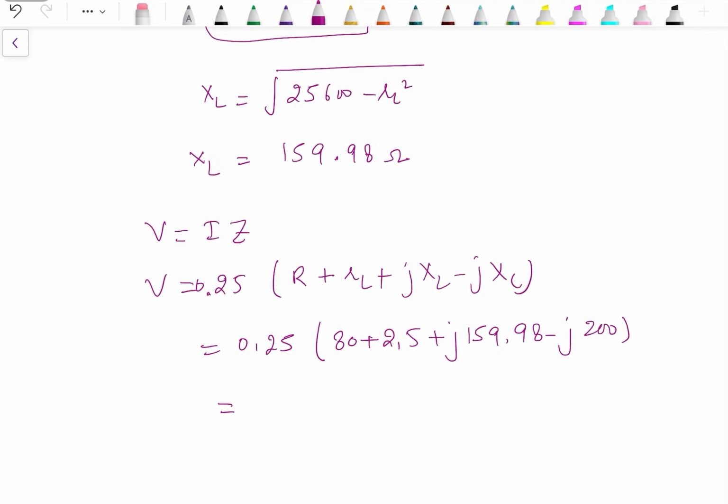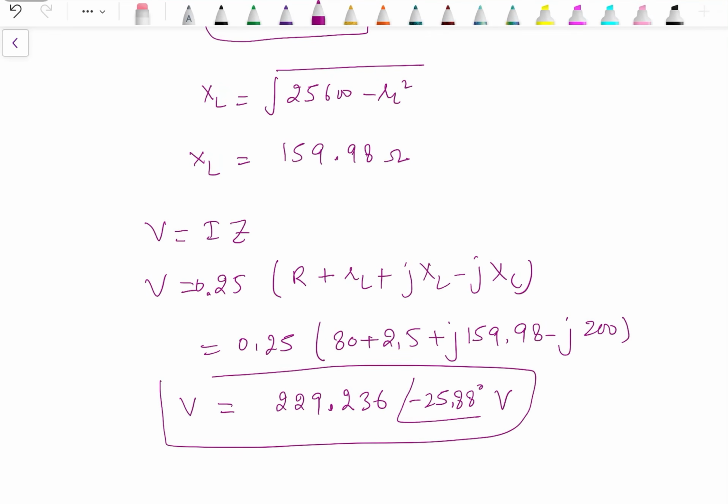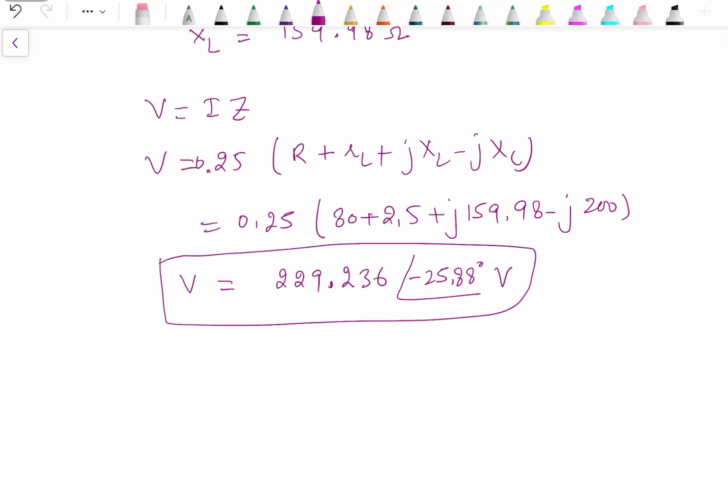So the supply voltage is 229.236, and minus 25.88 is the angle with the supply voltage. So supply voltage is actually 229.236 volts. This is the magnitude and this one is the angle.